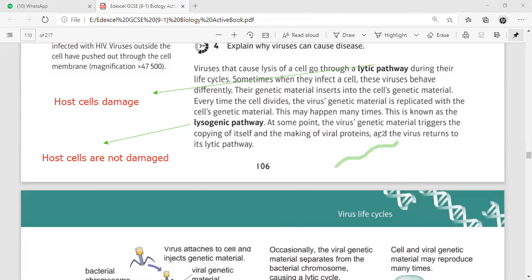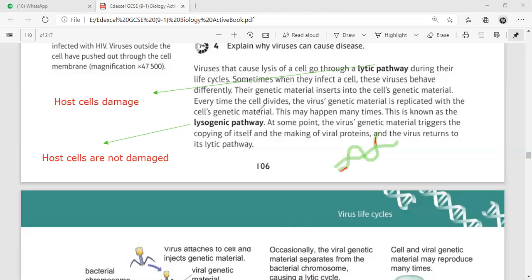In this bacterial DNA, the viral DNA will get incorporated, it will get inserted and remain here. This is viral DNA. It will get incorporated into the DNA of the host cell in the lysogenic pathway.